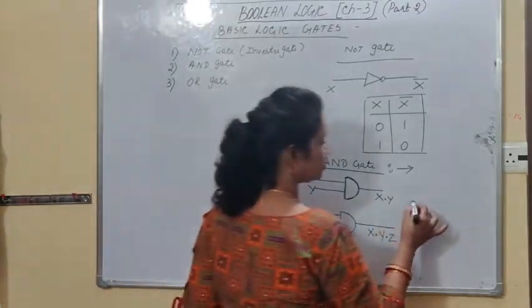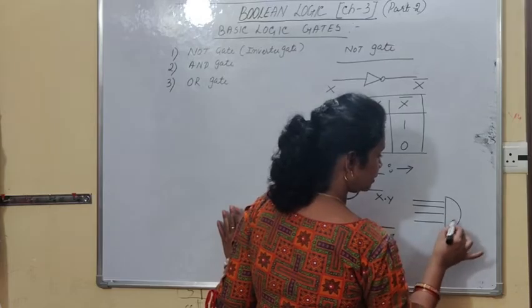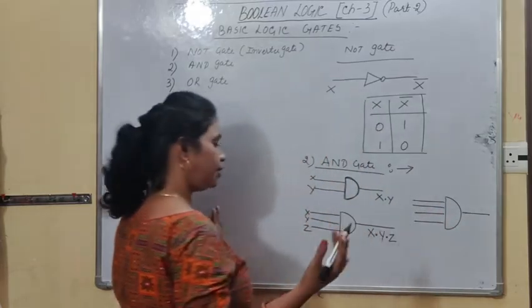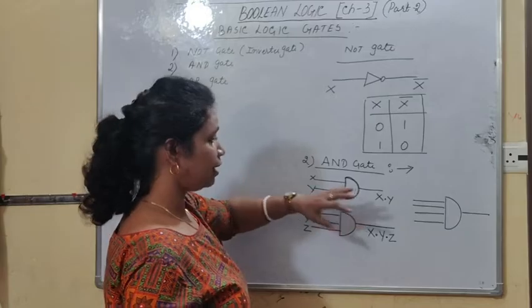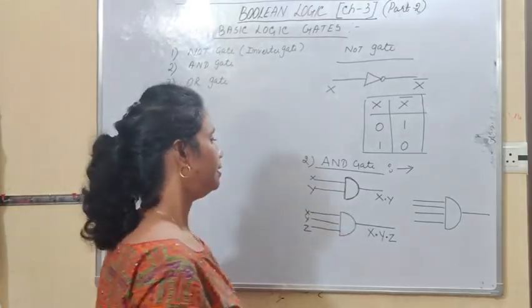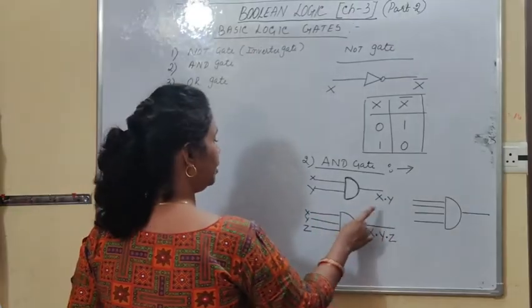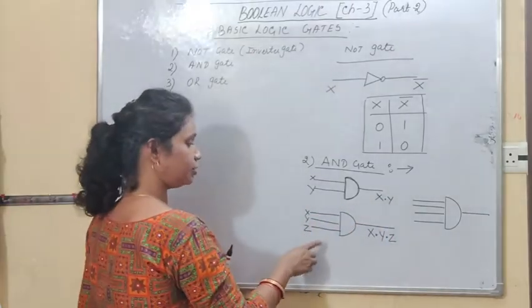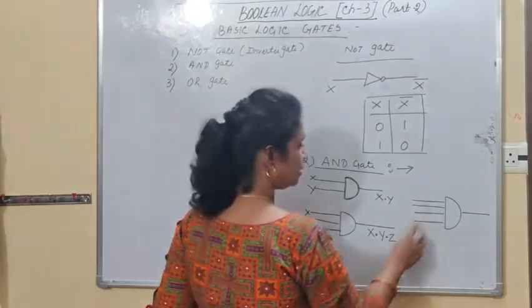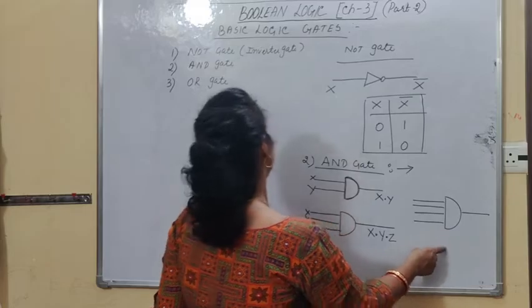Similarly 4 variables, 4 signals also. Here is the diagram for 4 signals. Right students? The main thing is the symbol of AND gate. When you pass two signals to AND gate, you draw the diagram in this way. If you have three signals, you draw it in this way. Similarly, for four signals, you draw it in this way.